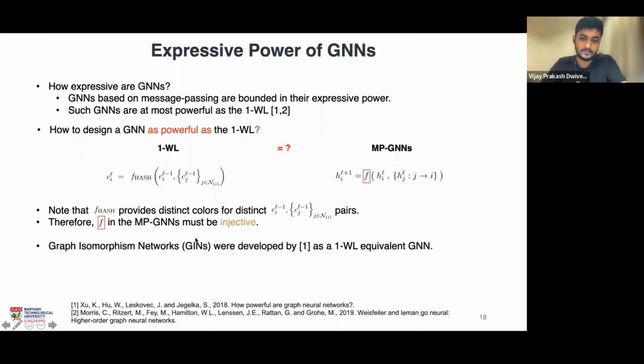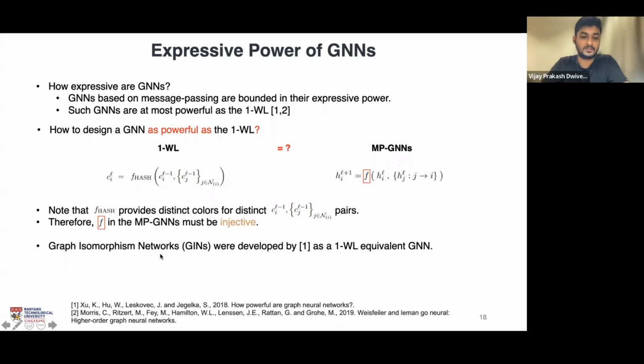A model was actually developed by this paper, which is called graph isomorphism network. They focus on this aspect of the message passing GNNs, and they make sure the function that they have is injective. And as a result, it becomes a 1WL equivalent GNN.